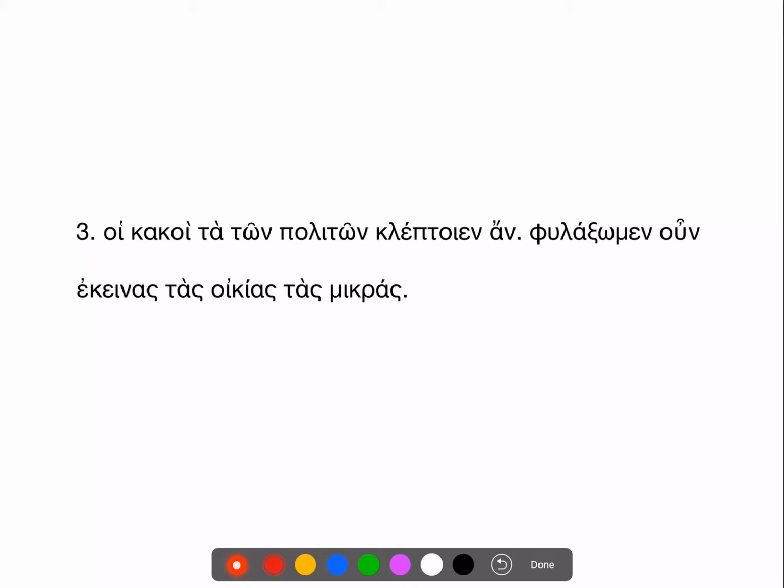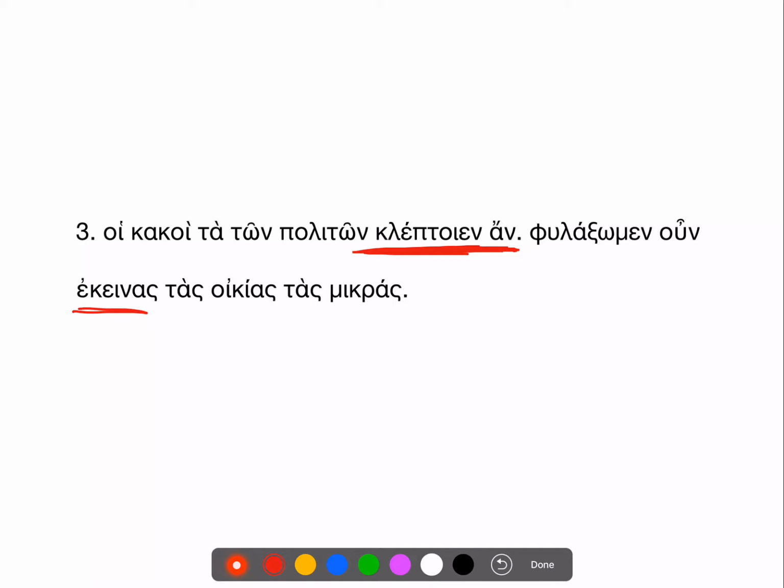Number 3. Hoi kakoi taton politon kleptoienon. So we have present optative active plus on. Looks like an independent use of the optative. So this must be a potential optative. All right, and then phylloxomen un, ἐκεῖνος tas oikias tas mikras.